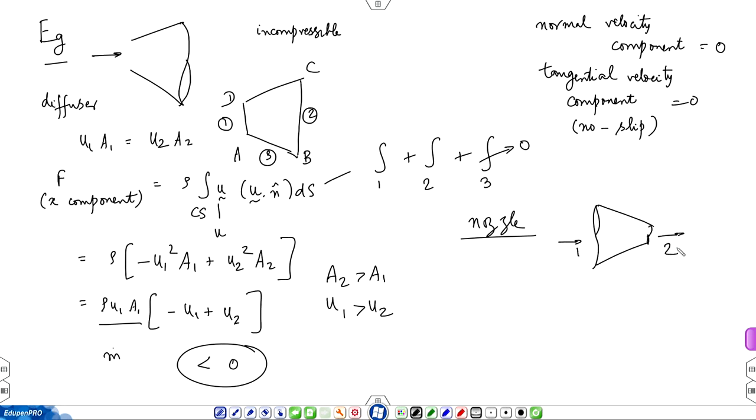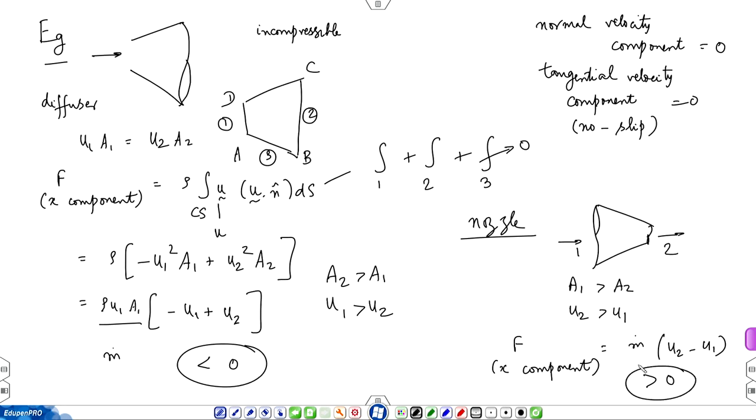This is 1, this is 2. So, there is no change in the calculation, except that A1 is greater than A2, therefore, u2 is greater than u1, and F, the x component, is equal to m dot times u2 minus u1, which is greater than 0.